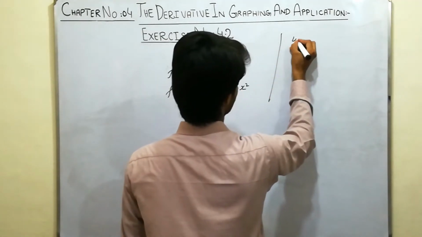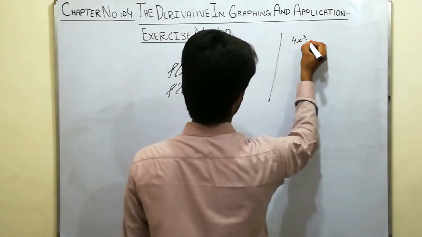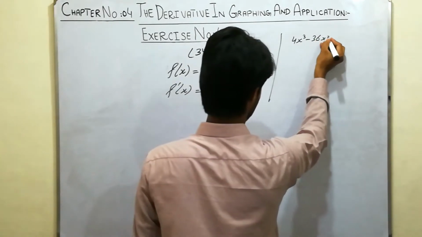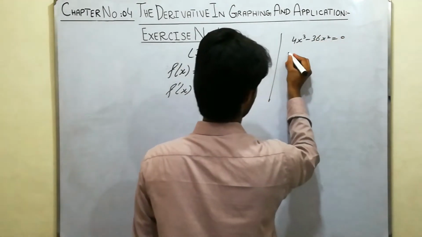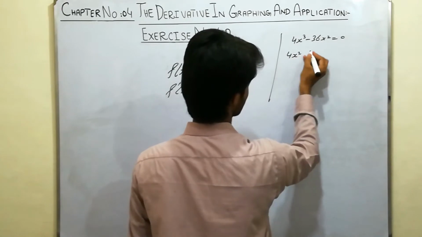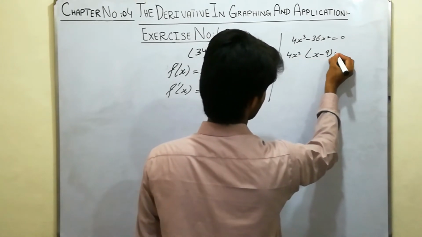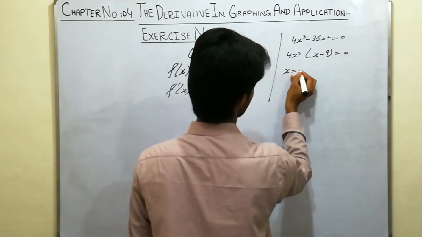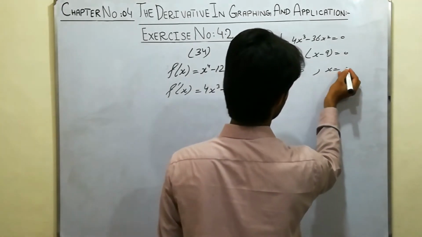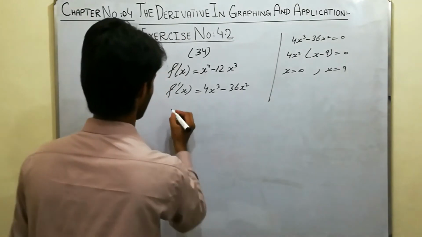Put f derivative x is equal to 0. Take 4x square common, so we have x minus 9 equal to 0. x is equal to 0, x is equal to 9. These are the points.